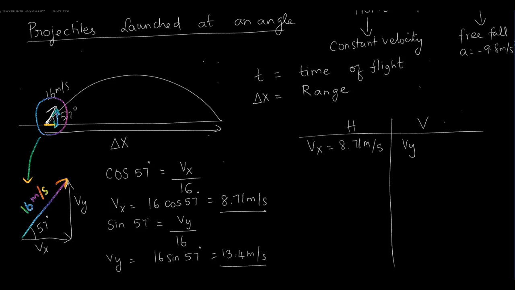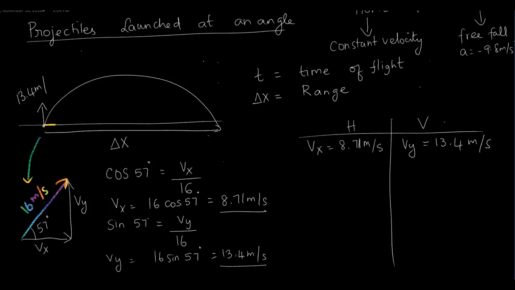And our Vy would be 13.4 meters per second. So now we want to solve for the time. If I look at the vertical motion, vertically it starts at a speed of 13.4 meters per second.